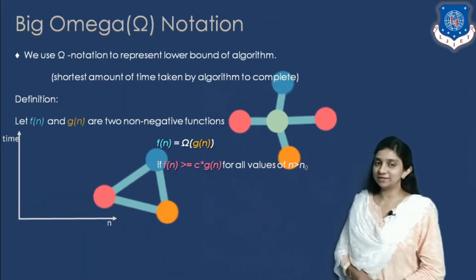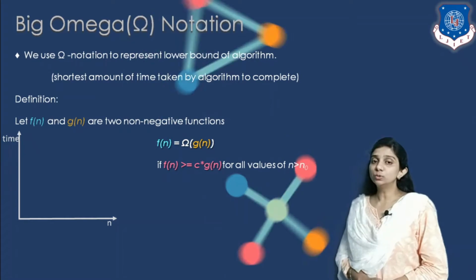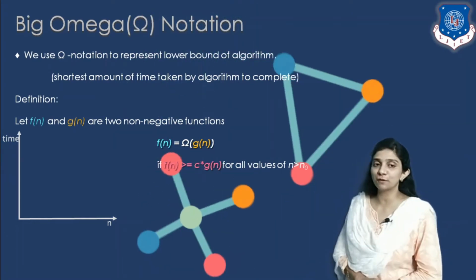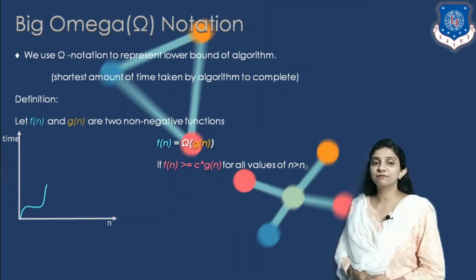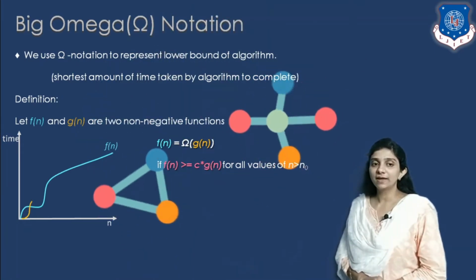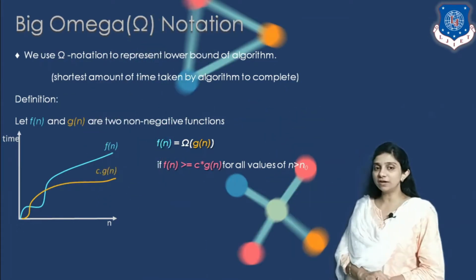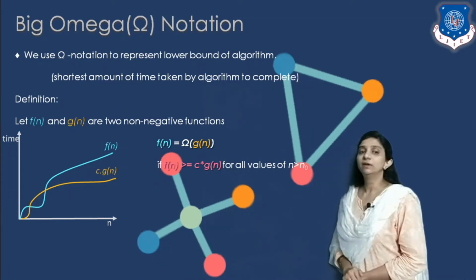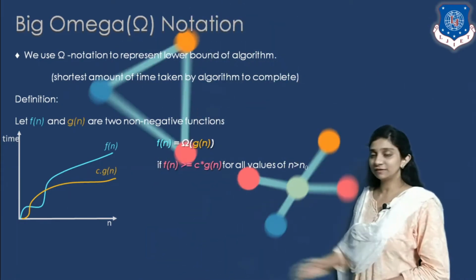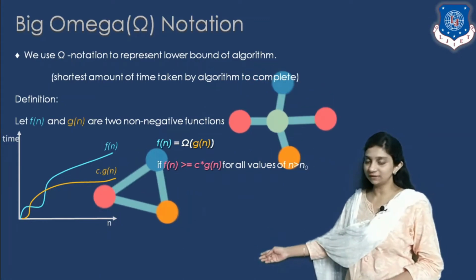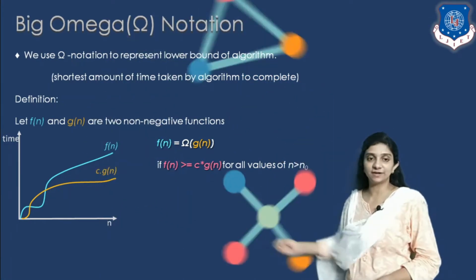Once again, let me revise the definition. Since f of n and g of n are two non-negative functions, we are going to plot them in the first quadrant. Let there be a function f of n represented this way, and another function c into g of n represented another way. As you see, sometimes f of n is greater than c g of n and sometimes c g of n is greater than f of n.